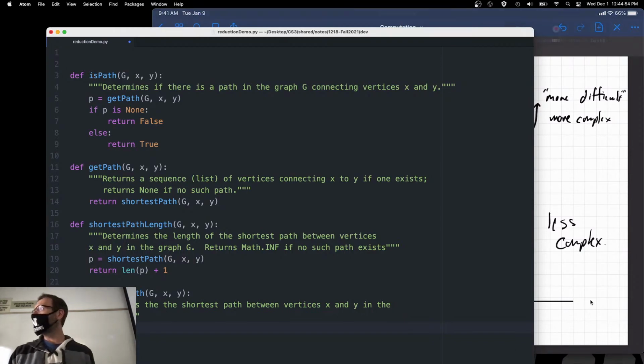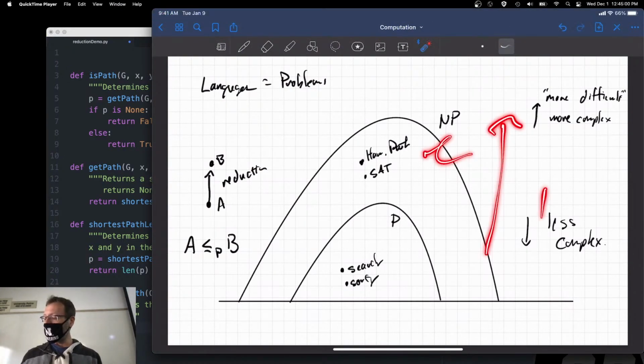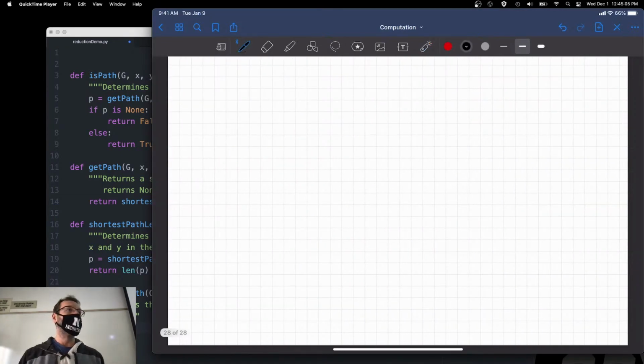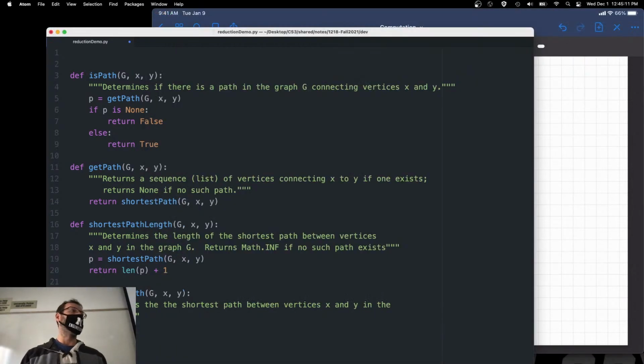So let's go back over here. Using the same kind of landscape of more difficult and less difficult, let's write out these four problems with respect to the overall difficulty. Well, this is the one that I didn't know how to do, or I would pull in Dijkstra's algorithm or something.